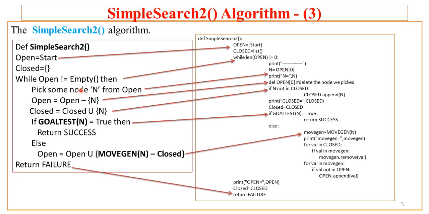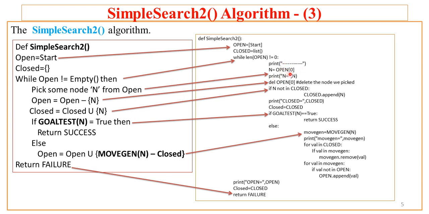Thereafter, the algorithm picks some node n from open. That is achieved by a simple statement. In this particular case, I always pick the first node of the open list. Otherwise, I may even pick any node randomly, but for simplicity and to understand this algorithm at first glance, I prefer to always pick the first node.